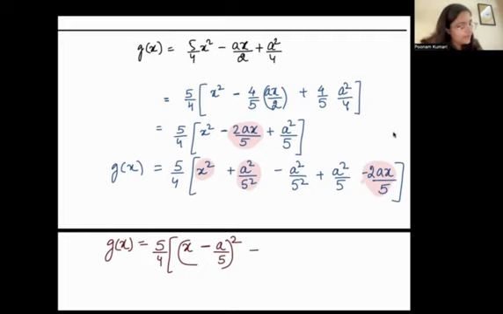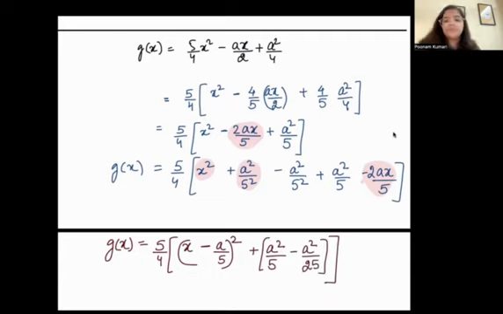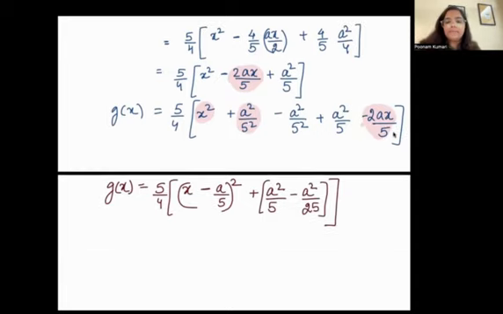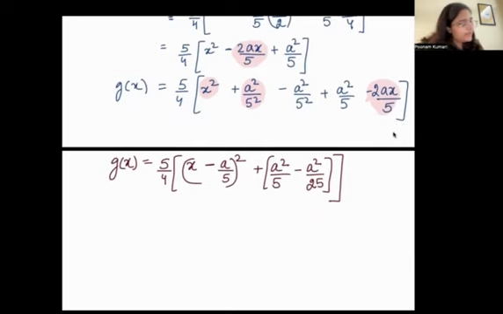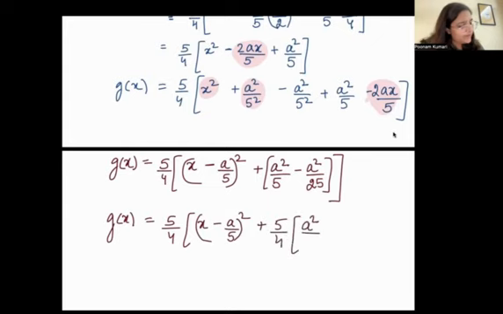And then we have a square divided by 5 minus a square divided by 25. Right? ठीक है? तो अब ये बताओ. Now tell me, this is my function gx is equal to 5 by 4 times x minus a by 5 whole square, and then 5 by 4 times a square by 5 minus a square divided by 25.